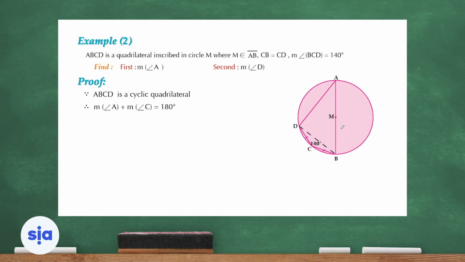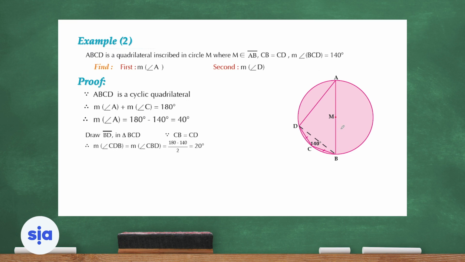Therefore, the measure of angle A plus the measure of angle C, the two opposite angles, are supplementary. So the measure of angle A plus the measure of angle C equals 180 degrees. Then, the measure of angle A equals 180 minus 140, which is 40 degrees.